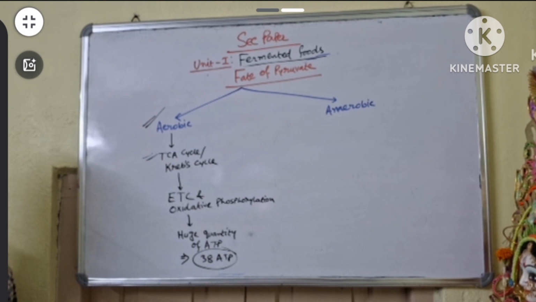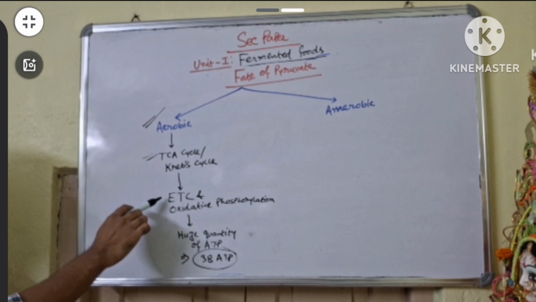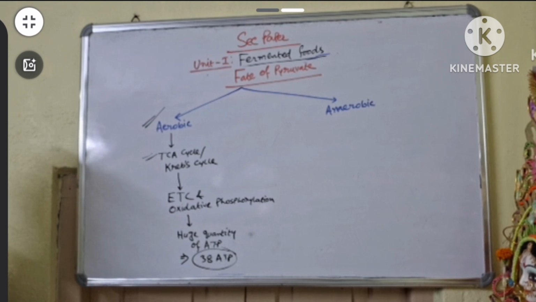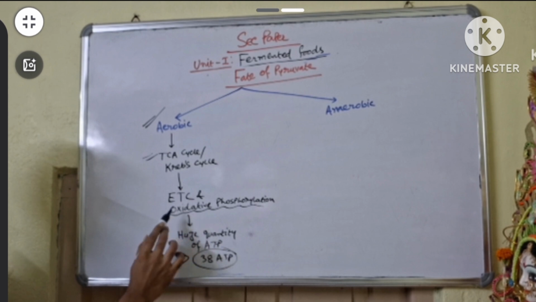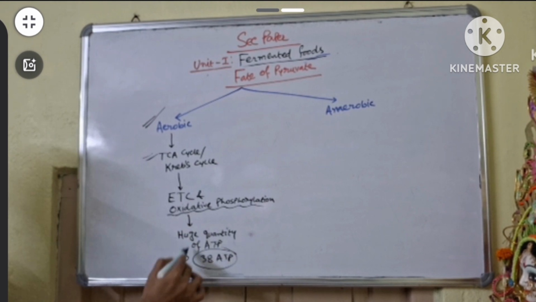First it enters the TCA cycle, then the electron transport chain. After the electron transport chain, oxidative phosphorylation occurs, and during oxidative phosphorylation, ATP is produced. And the amount is huge.